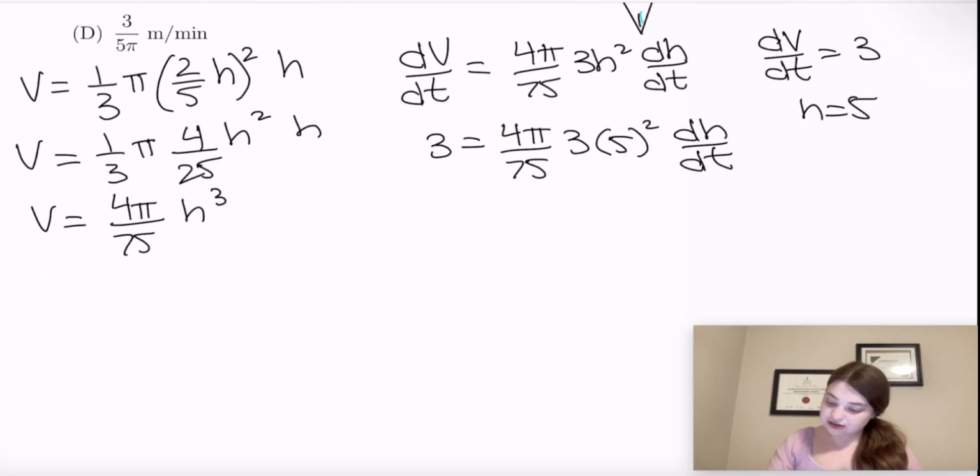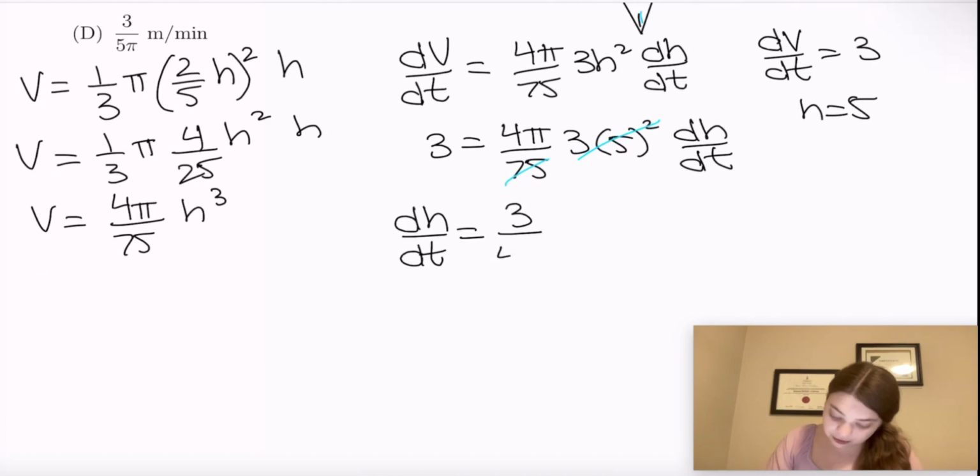Actually, this works out really nice, because 3 times 5 squared is just 3 times 25, which is 75. So that can cancel out with this 75. And then if I divide both sides by 4 pi, I get that dh over dt is equal to 3 over 4 pi. And there we go.